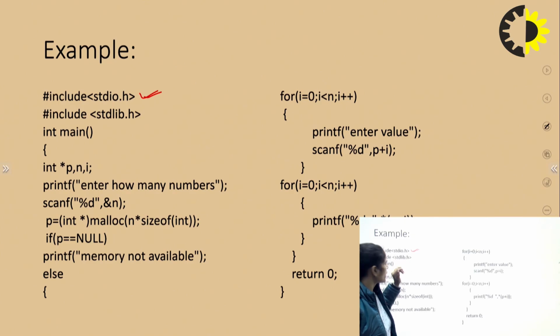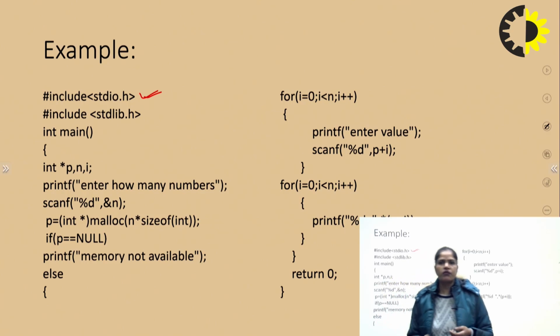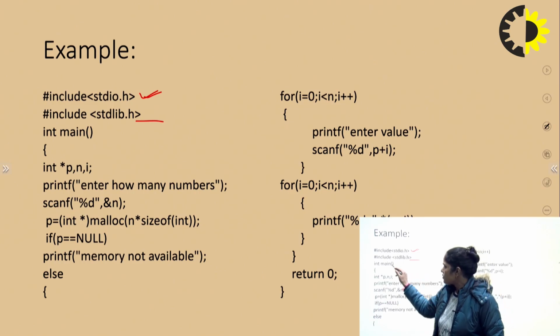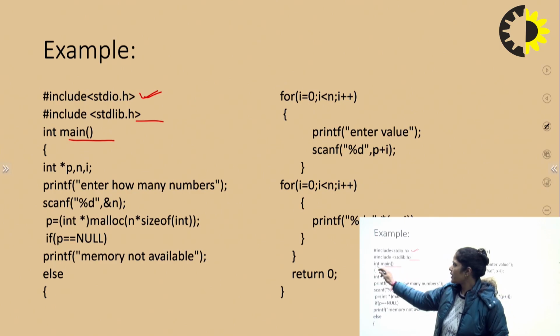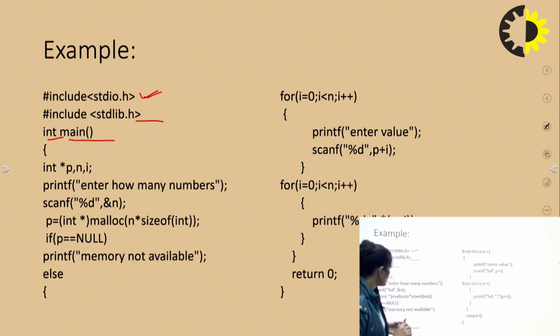With stdlib, I am talking about the C supportive functions; basically for dynamic memory allocation, we are using this library. As you know, the program starts with the main function and the return type is integer. We will come to that in the next topic. Here we are declaring a pointer variable, right? What is this? This is a pointer variable.